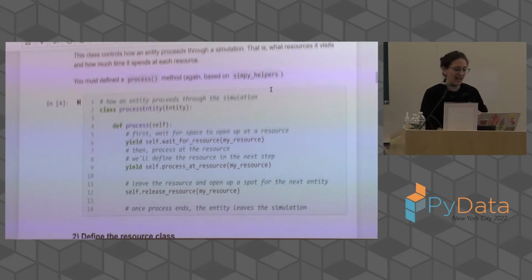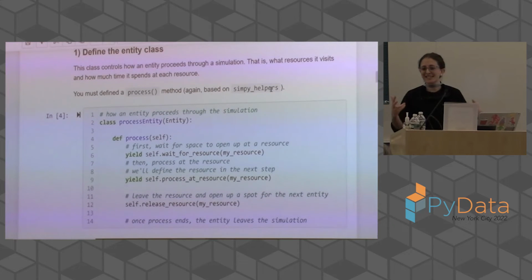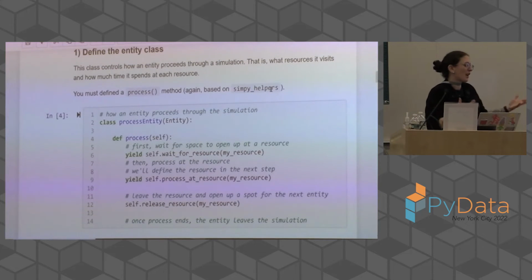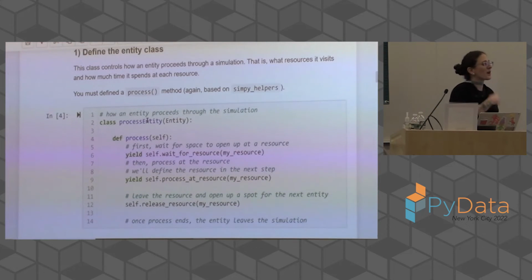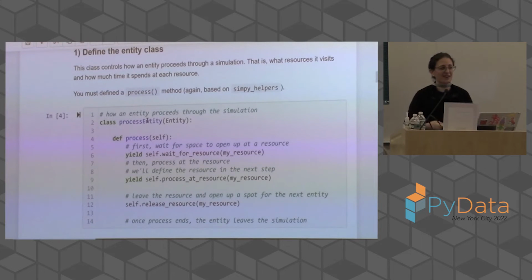Our entity class, remember our entity, this is the things that are passing through our simulation, so our customers, our widgets, whatever it may be. And I'm calling my class process entity because this is going to be the code that actually does the processing once my entity enters the simulation. So I haven't quite yet defined the source yet. I'm defining the entity first.